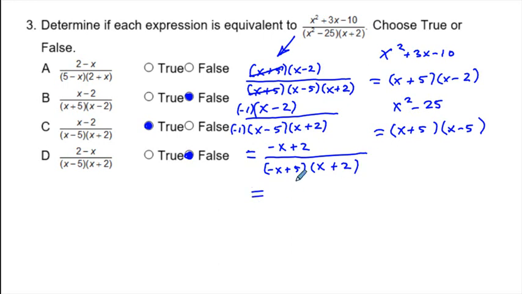And just rewriting our numerator and denominator, we can rewrite that numerator as 2 minus x, and our denominator we can rewrite as quantity 5 minus x times quantity x plus 2, which is going to be precisely the same as A. So A is true.